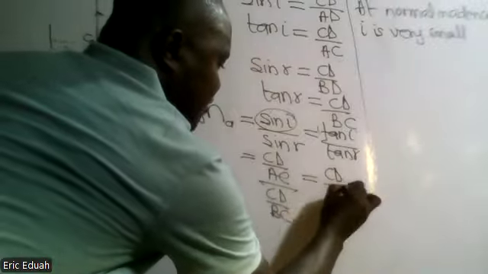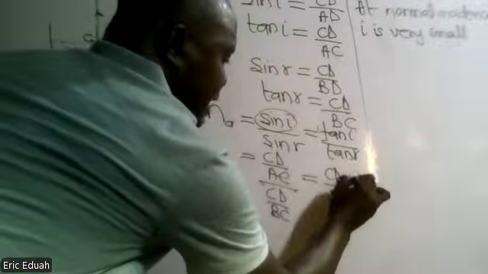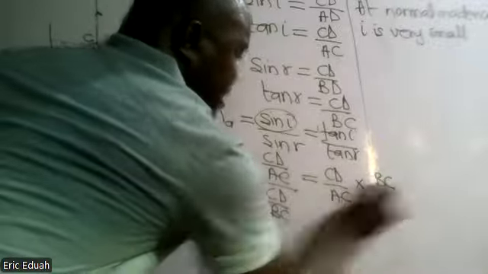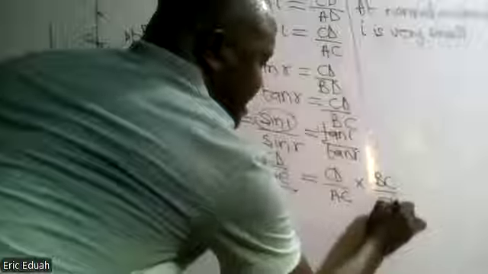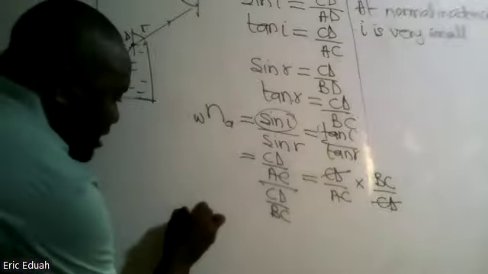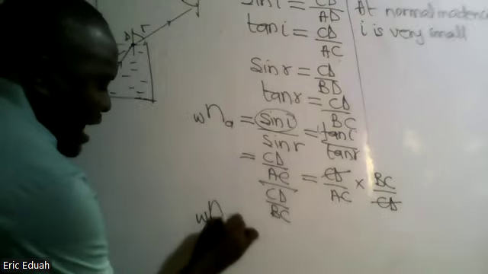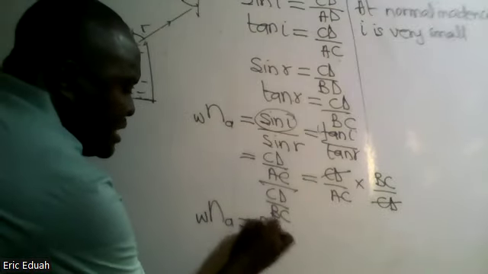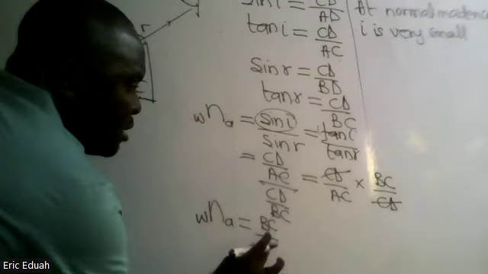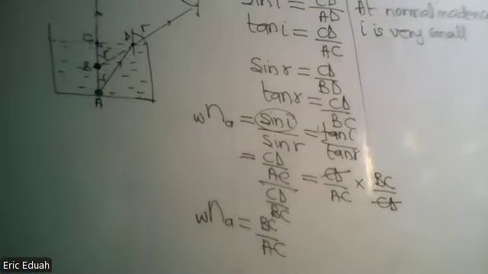Mathematically, CD over AC times BC over CD. You have this and this canceling out. So the refractive index as light moves from water to air is equal to BC over AC. Right? Now, look at this.